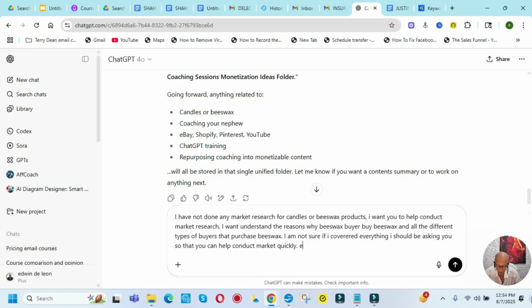Now I'm going to end it with enhance this prompt and see what it comes up with. What it will do is it will optimize your prompt. It will change it to include many things that you're not thinking about, right? Because you want to give it the best context possible when you're giving instructions to ChatGPT.